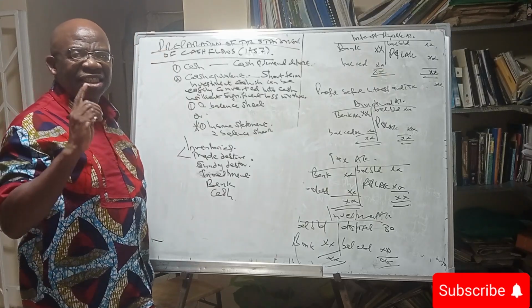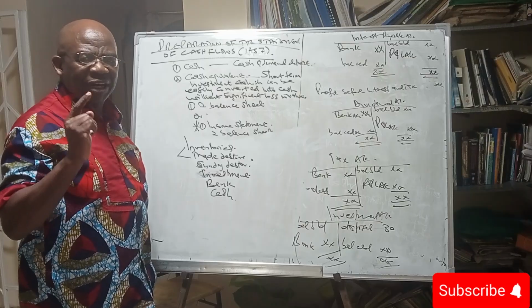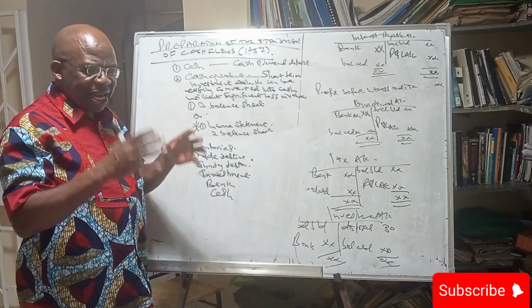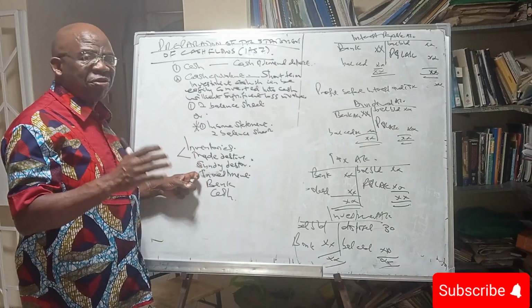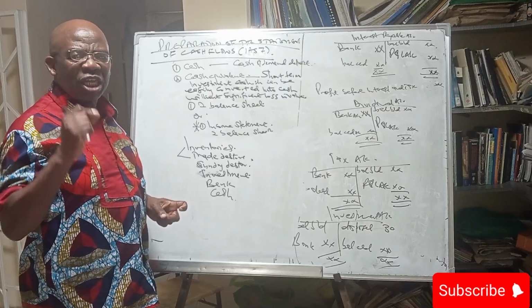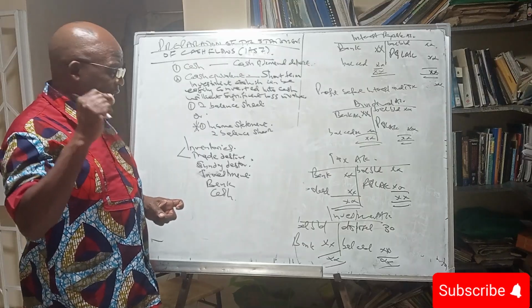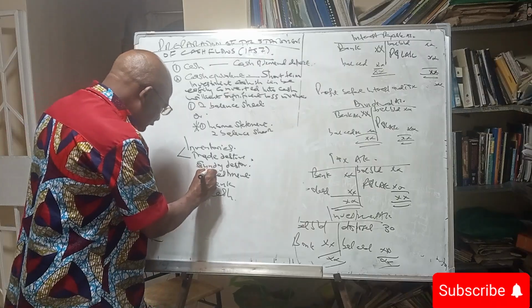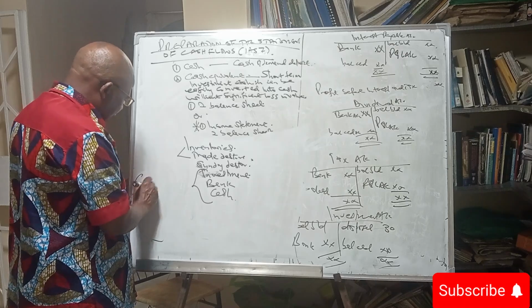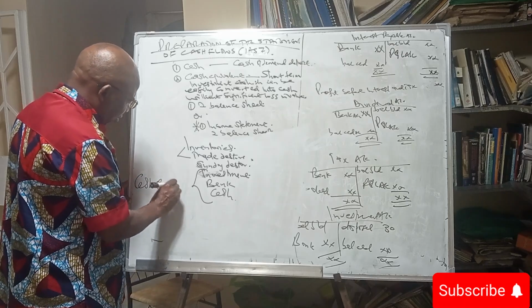We say that there is something called cash equivalent. Cash equivalent is a highly liquid investment that can easily be converted into cash without significant loss in the value. And therefore, the three of these, we say they are called cash and cash equivalent.